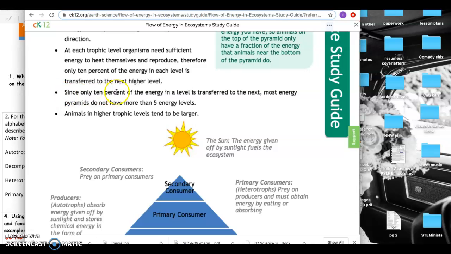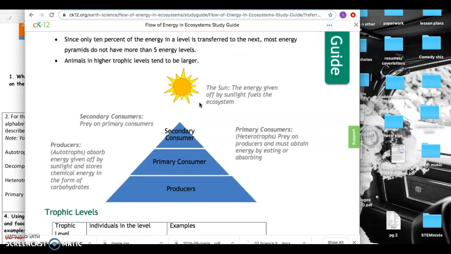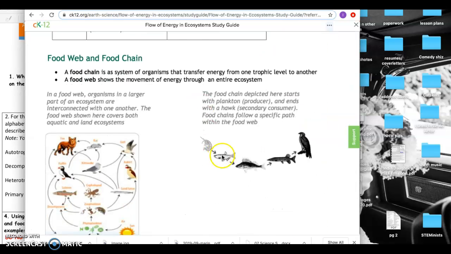So only 10% of the energy in a level is transferred to the next. Most energy pyramids do not have more than 5 energy levels, okay? It just means that when we go along the food chain, usually there's only these 5 levels, just because it gets really complicated if they get much higher than that.